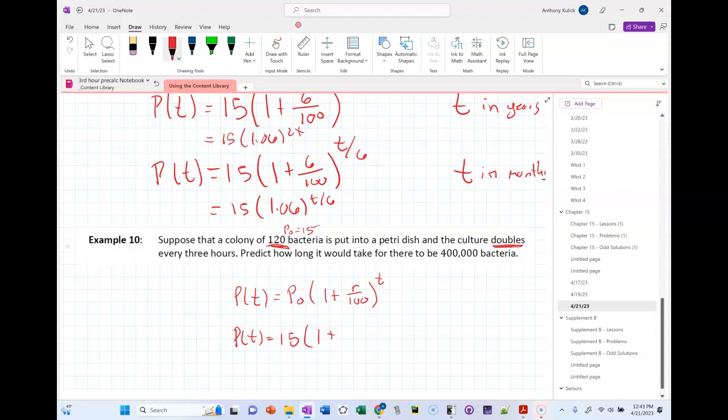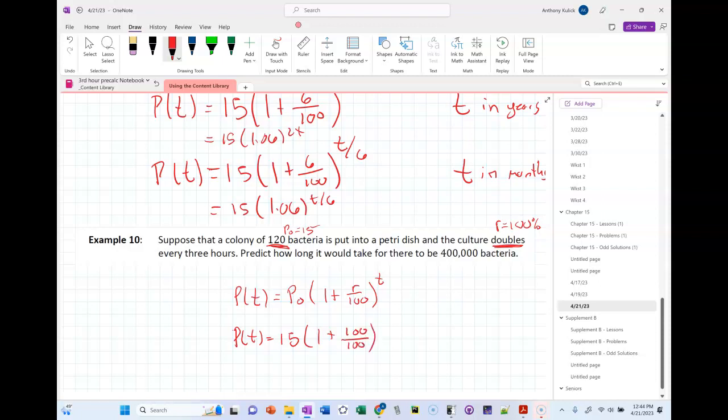Okay, doubles. What does that mean for R? R is a percentage, 200%? Not 200. So if you have 2 and you get 100% more, it goes up to 4, right? It doubles. It's the same thing.